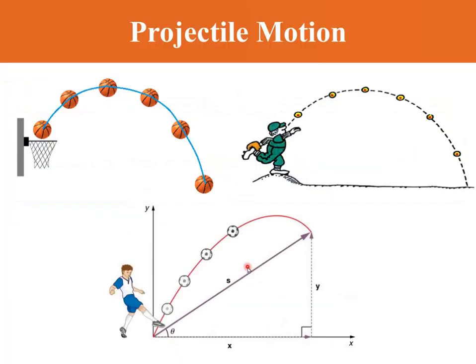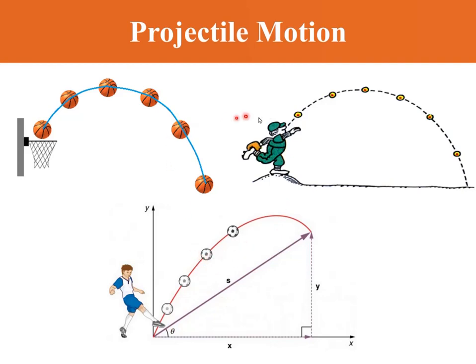Let's proceed with projectile motion. Projectile motion basically is a motion, for example, as you throw your basketball into the basket. As you throw the basketball or any object, like a baseball here or a stone, or when you kick a ball.